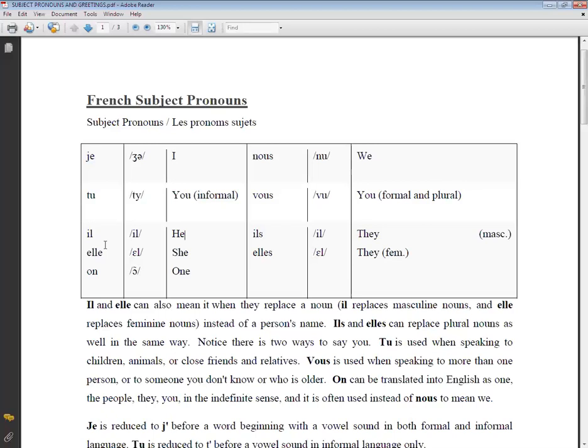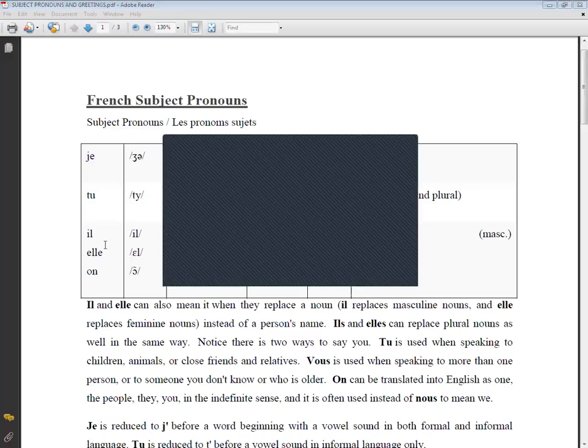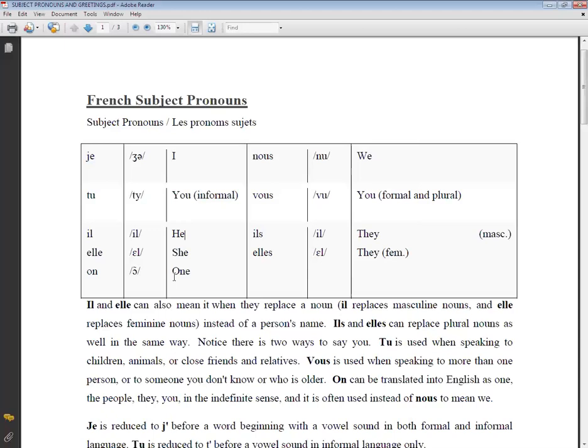You can refer to all other pronouns except the person speaking. The only time it can include you is if you are part of the group, like now we. So on can mean we, on can mean he, on can mean she, on can mean they, or you plural. Okay? So that is very important for you to know.